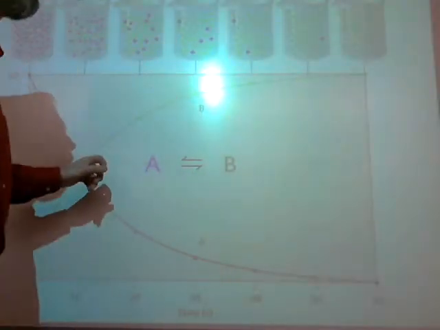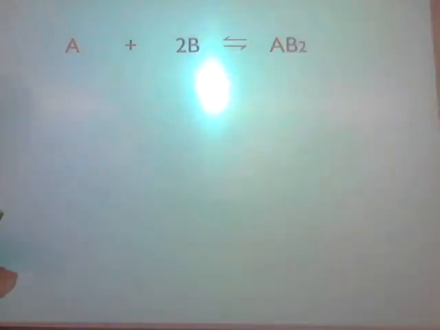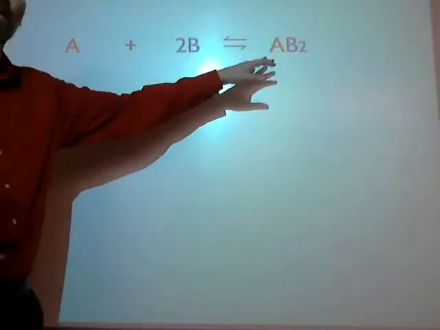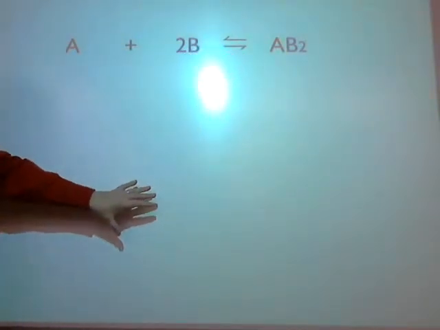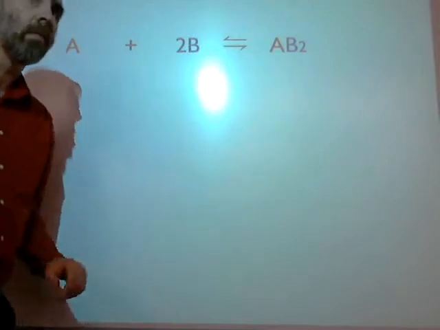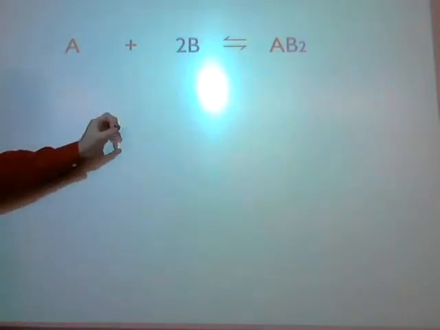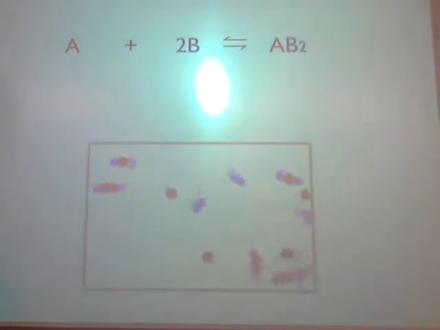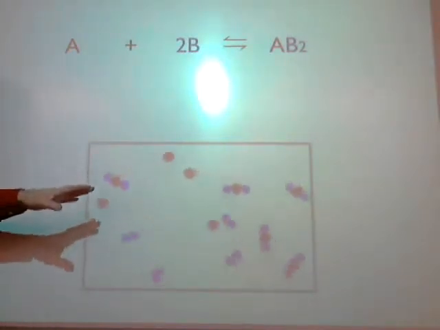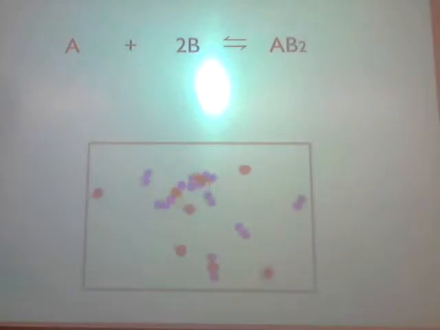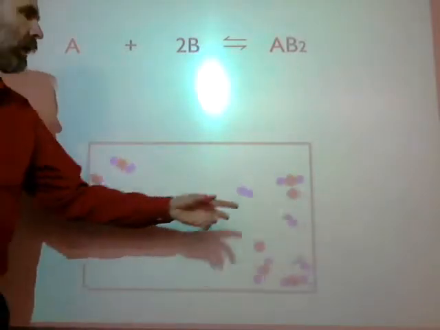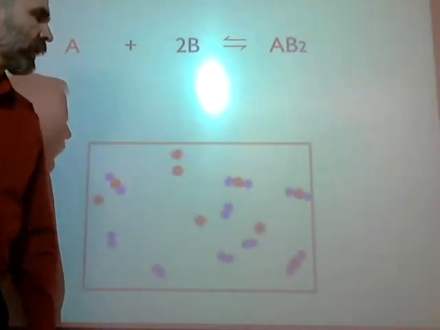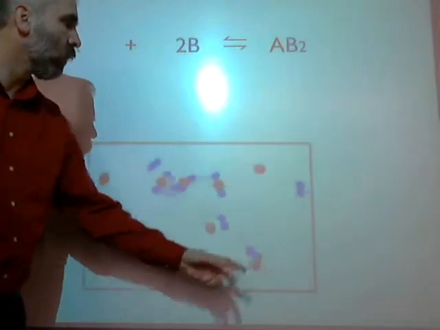So if we look at this graphical representation, again, A plus B2, I have to use these colors because it goes with the colors that are going to be on here, A and B. Pretend that A are the red molecules in this thing and the B are the blue ones. Take a look at this guy. Just watch it for a while and see what's happening. At any given time, guys are either breaking apart, like that one did, or they're coming together.